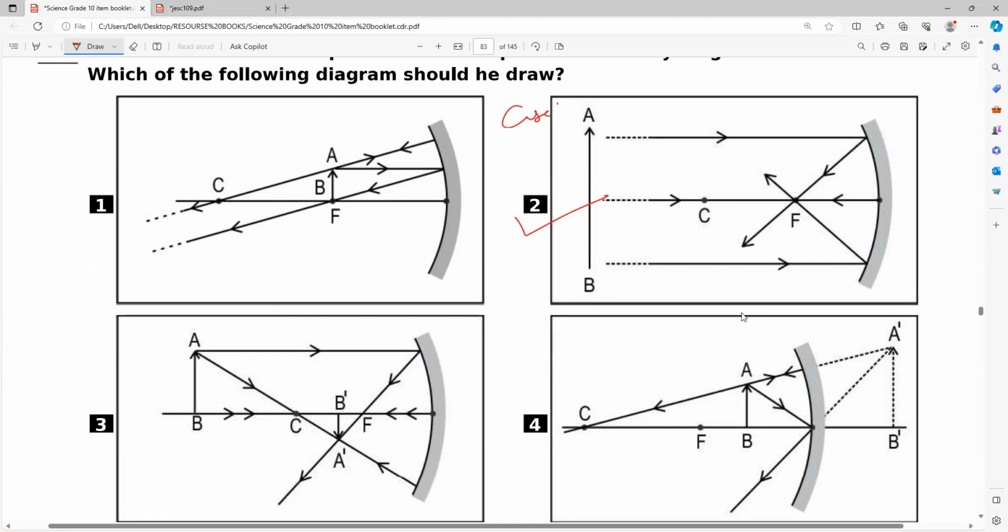So case number 1: when the object is at infinity, the image will form at the principal focus. That's all. Make it, everybody.